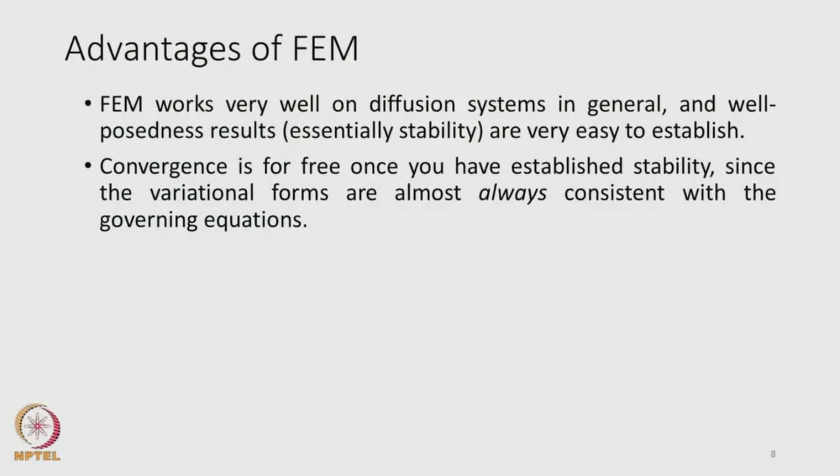Then convergence is also for free once you have established stability, since the variational forms are almost consistent with the governing equation. So, once again we need to wait to understand these definitions and the connection between convergence, consistency and stability.